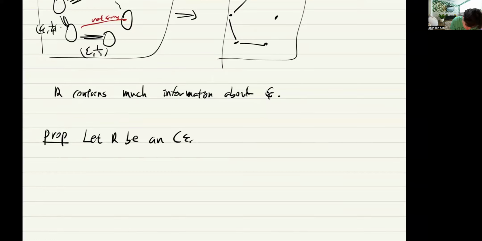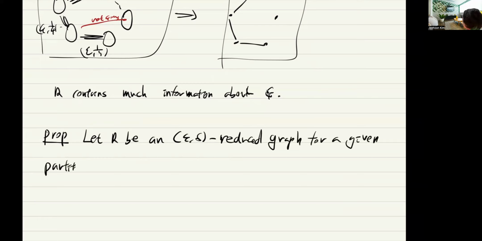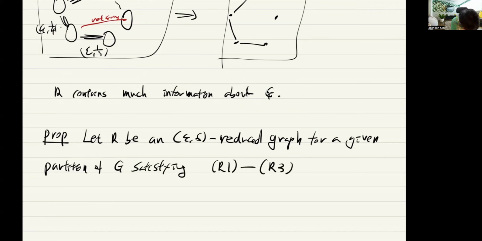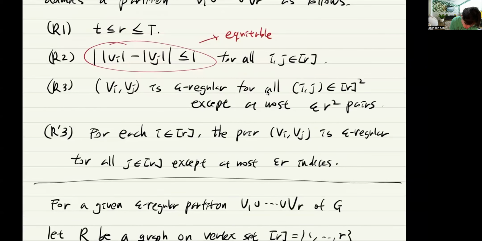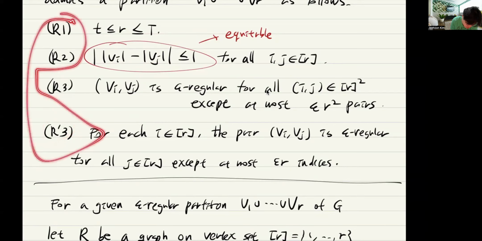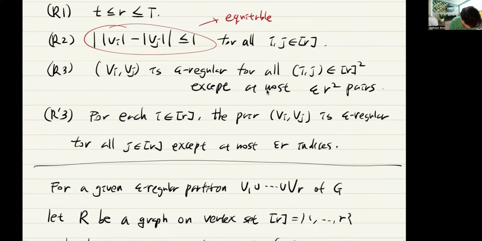Let's say R is the epsilon delta reduced graph for a given partition of G that satisfies R1 to R3. Now note that even if you just assume these three are satisfied, then R3 is automatically satisfied.